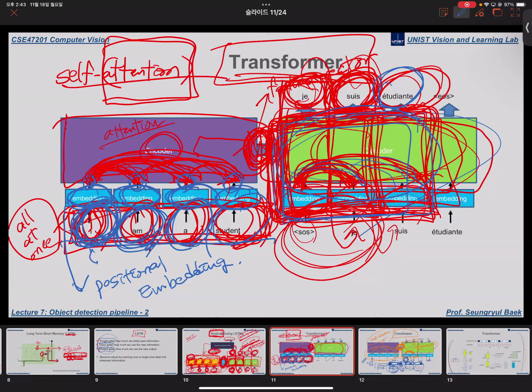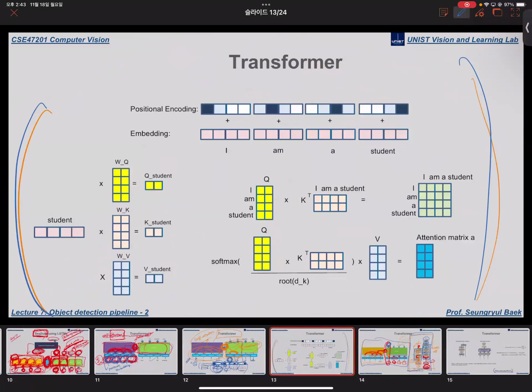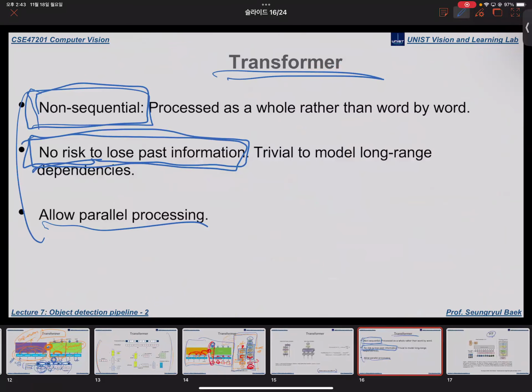So anyways, the transformer considers the relationship between the inputs in parallel, but the LSTM has to encode the input information in a sequential manner. In that sense, the transformer works better than the previous sequential models, because it can capture the whole input at the same time with no risk of losing past information.